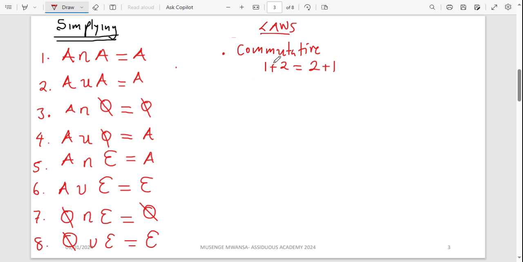This means that addition is commutative. And it is the same with union and intersection, they are commutative. So if I say A union B, it is going to be the same as B union A.